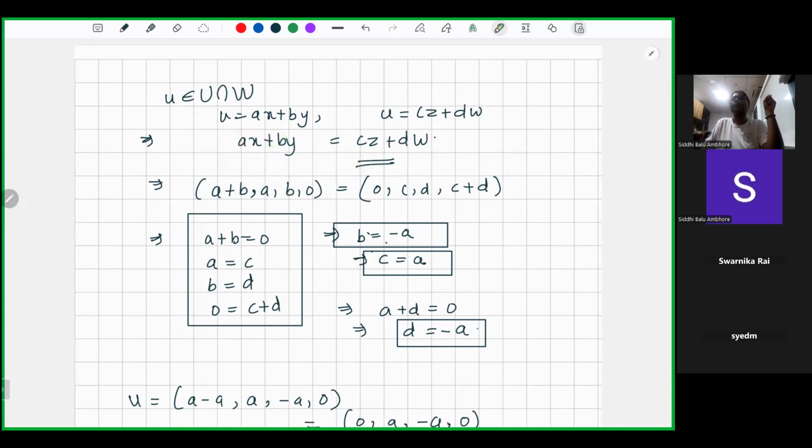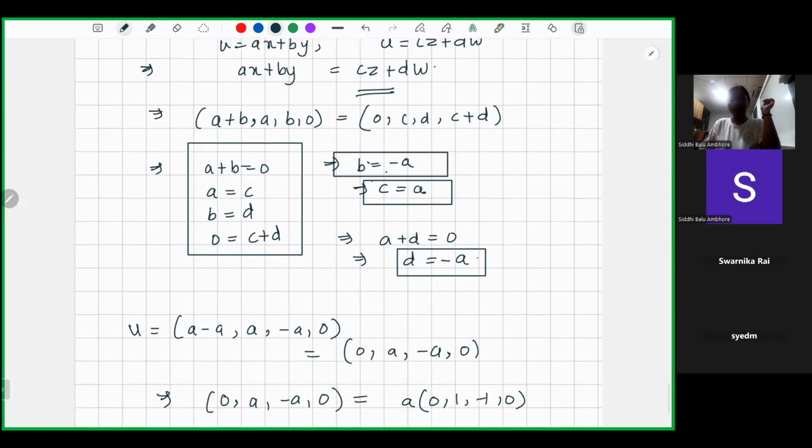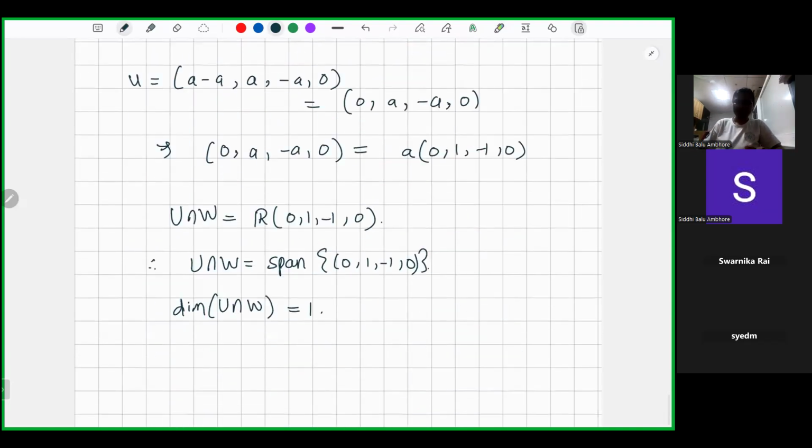And now we are trying to find what this A, B, C, D will be in that case. Is that okay? I hope that's fine now. We'll move to the next question now.